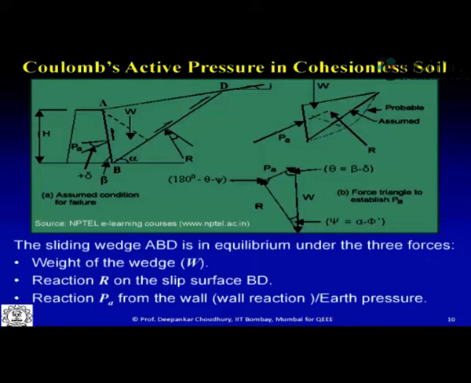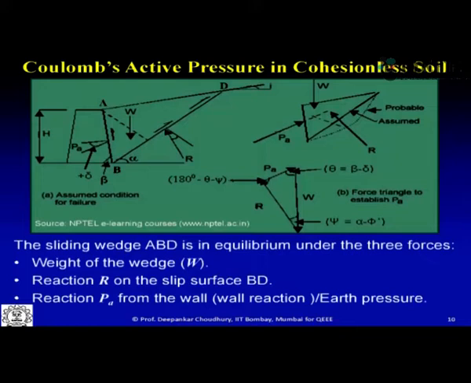For a chosen or assumed value of your alpha, you know the area of this ABD, and the backfill properties etc. are known to you. So you can compute the value of W very easily. So W is known as far as its value is concerned as well as its direction. For this force, we know both the quantity as well as the direction.